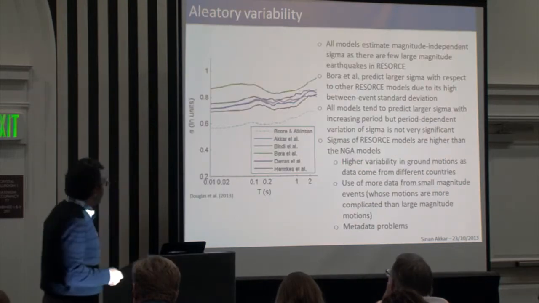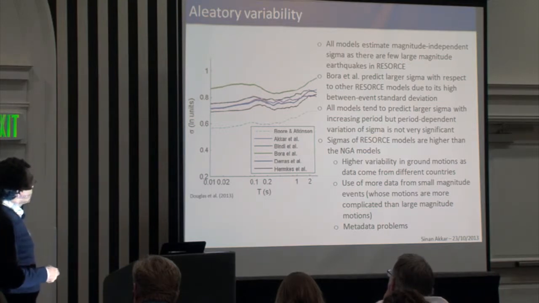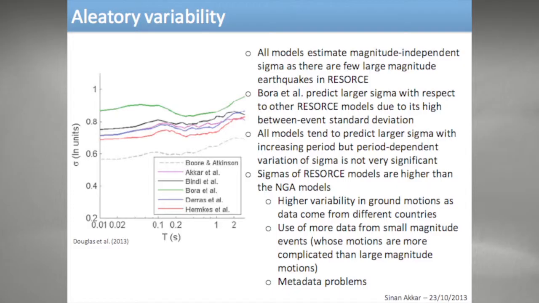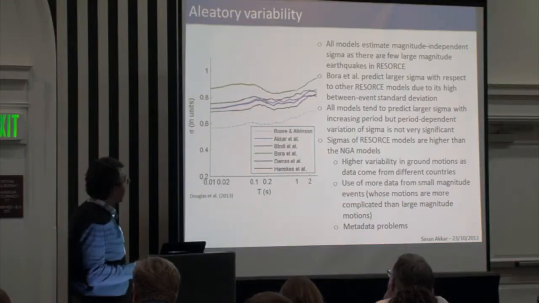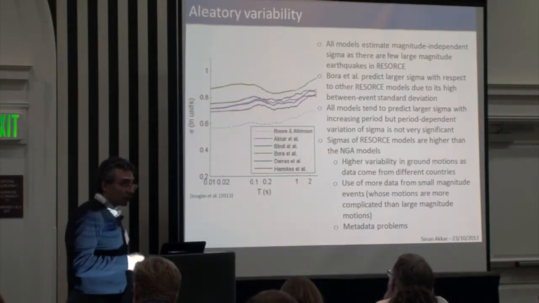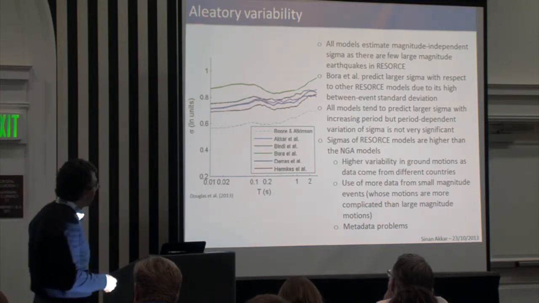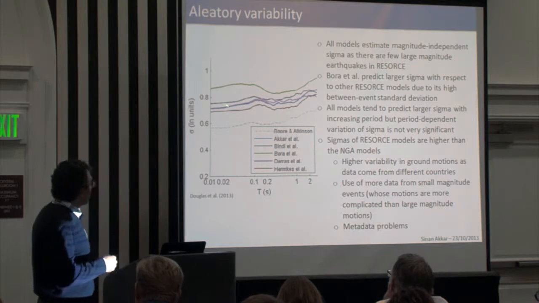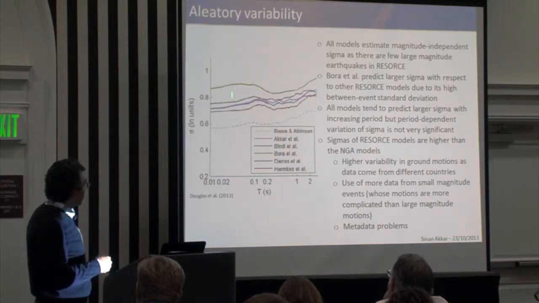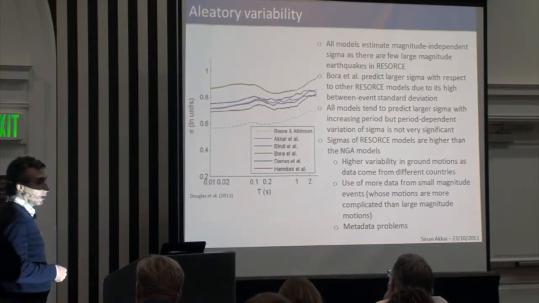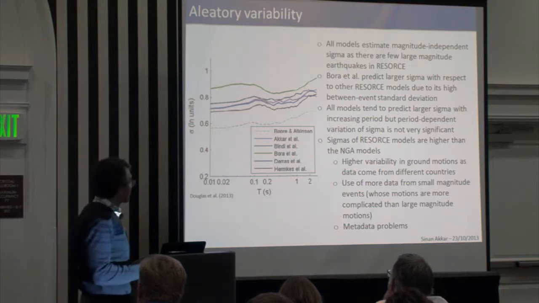This slide here shows the aleatory variability. Firstly, all models are derived magnitude independent sigma, because we don't have large magnitude events in resource. Bora et al. predicts larger sigma with respect to other resource predictive models.